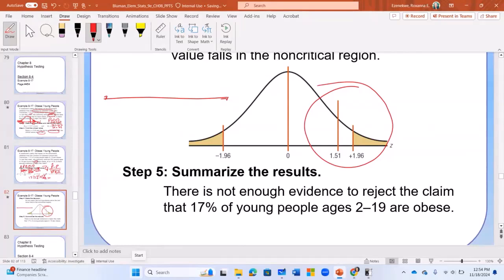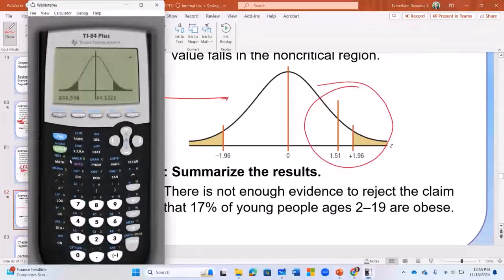So let's do a Z confidence interval. We are going to get a calculator again, go to stats, arrow to test, and do a one prop Z confidence interval, because we are working with a proportion.